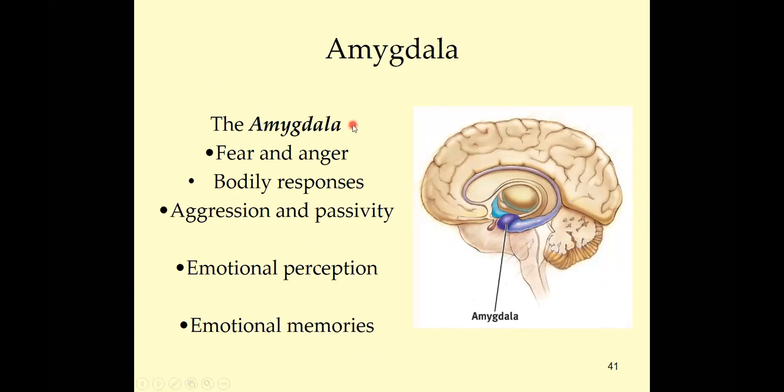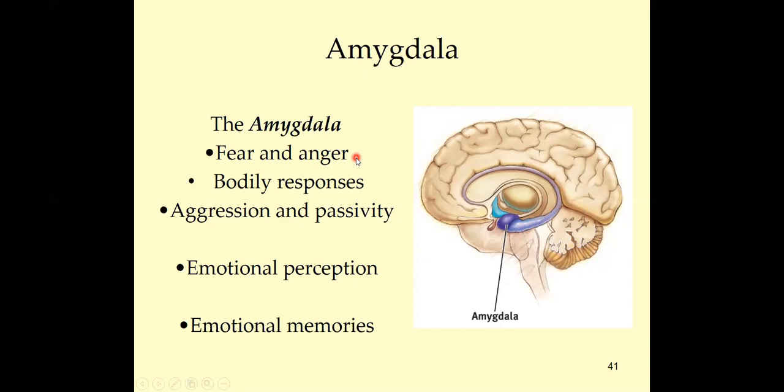So this is the area they found associated with sort of survival-related emotions, fear and anger. And they say survival-related? Yeah, fear would cause you to avoid things that might endanger your survival, and anger might cause you to protect yourself or your young.